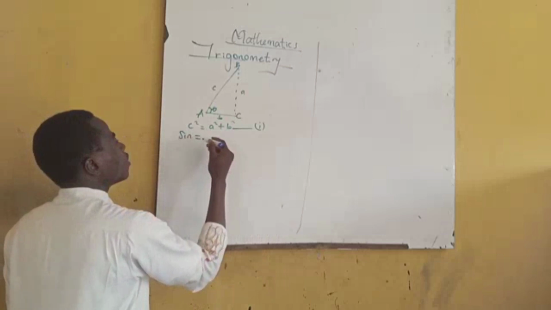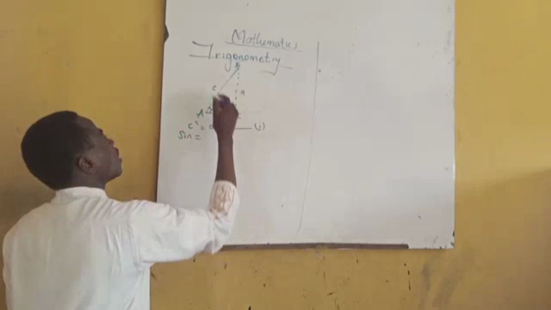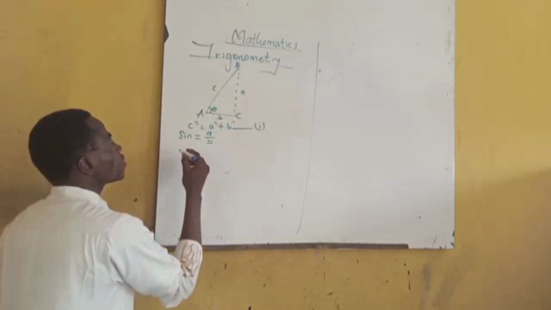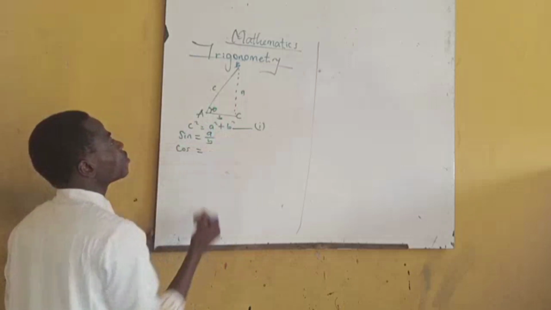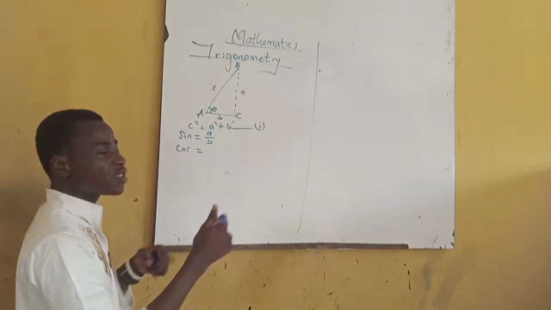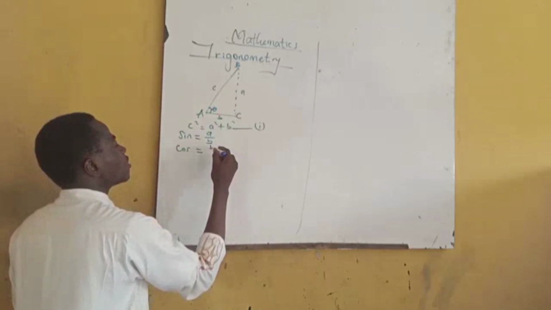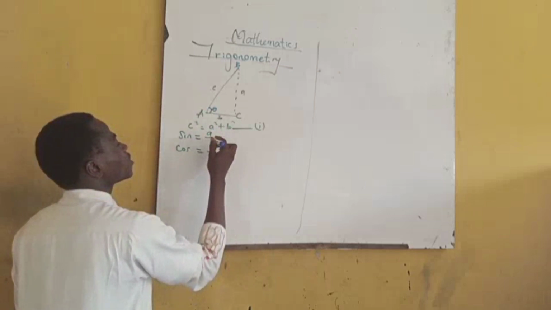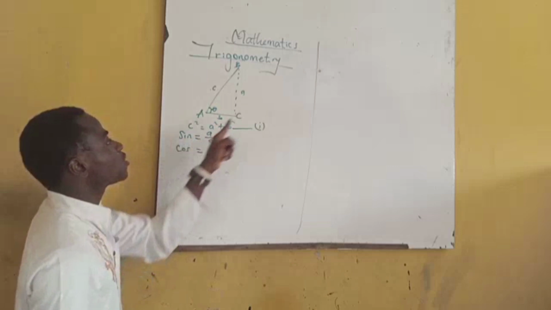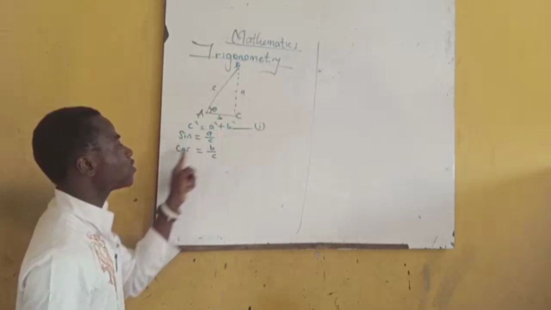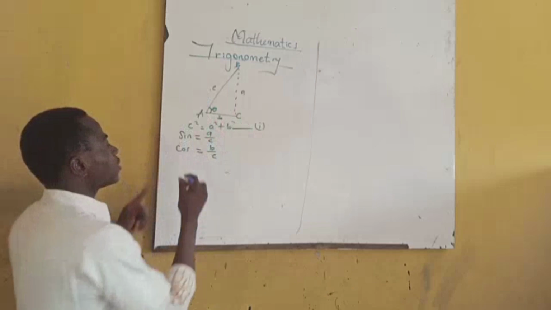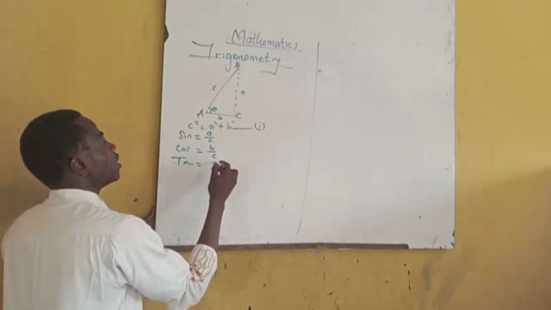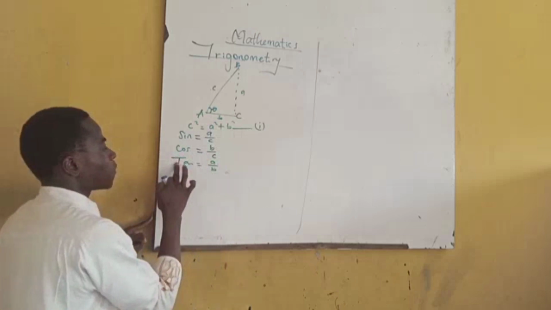For the sine, you have opposite over hypotenuse, so this is our A over C. For the cosine, you have adjacent over hypotenuse, so this is B over C. Sorry, I wrote B here, it should be C. Since sine is opposite over hypotenuse, A over C, and cosine is B over C, then tangent will be A over B.